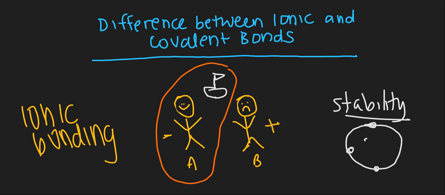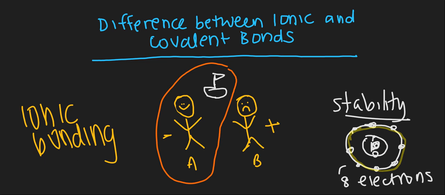So for example, if we have a nucleus with a valence electron shell with 1, 2, 3, 4, 5, 6, 7, 8 electrons, this one's full. So it has 8 electrons, and that's what we call the octet rule.